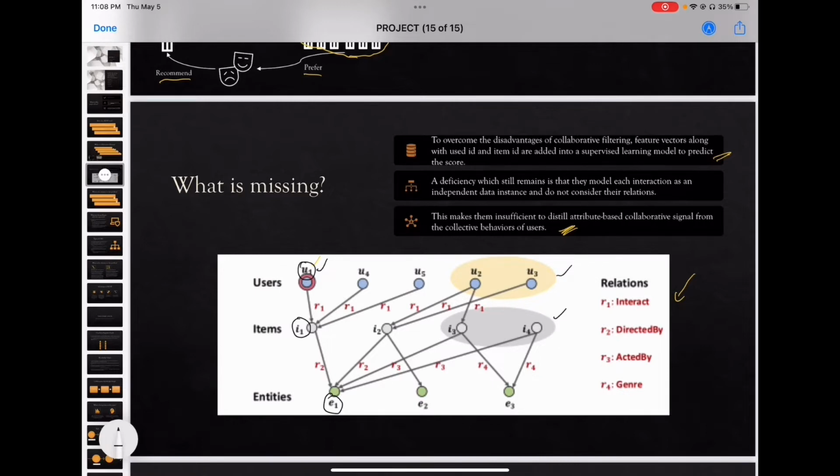Now, collaborative filtering methods focus on the history of similar users who also watched I1. So, those would be U4 and U5, while supervised learning methods emphasize the similar items with the attribute E1. That would be I2.